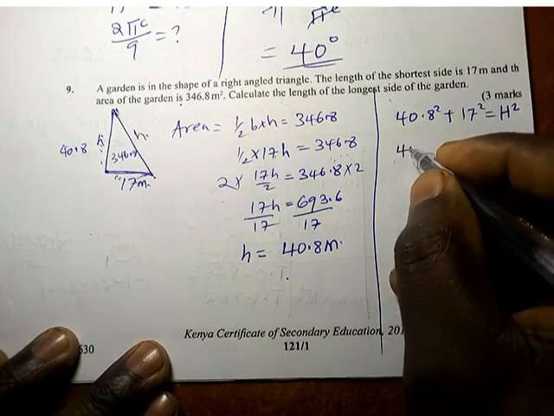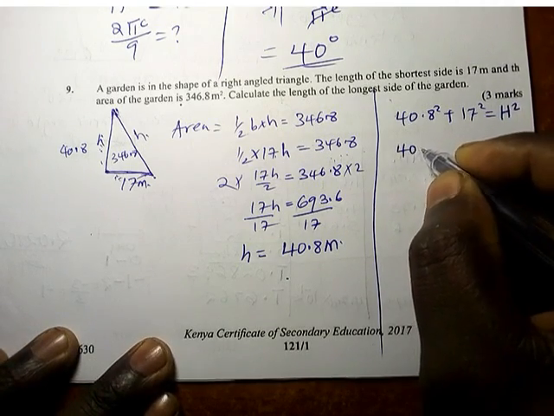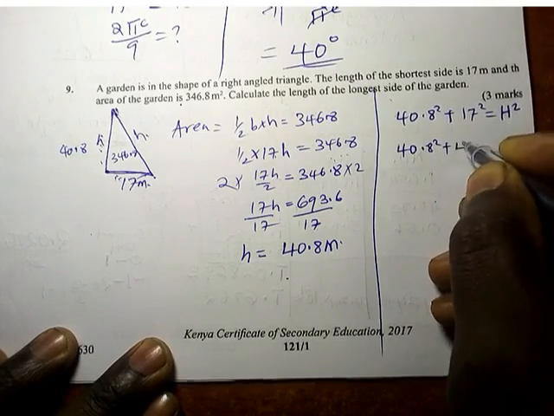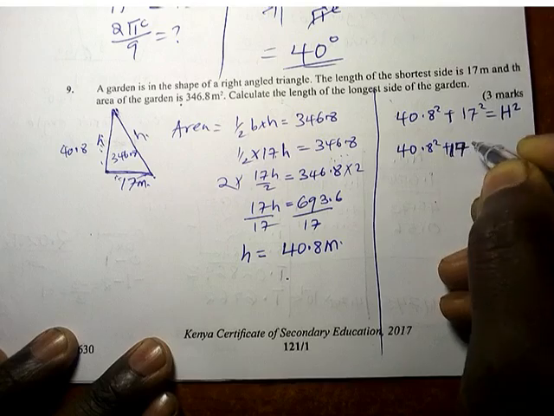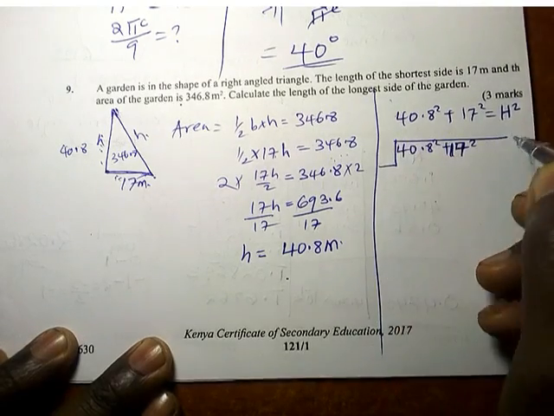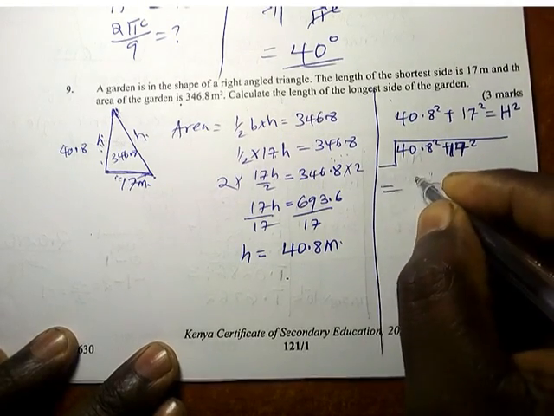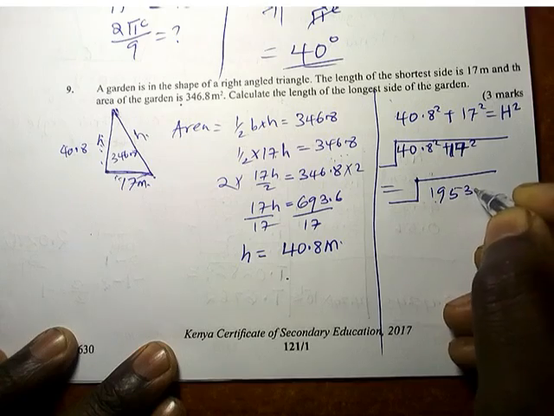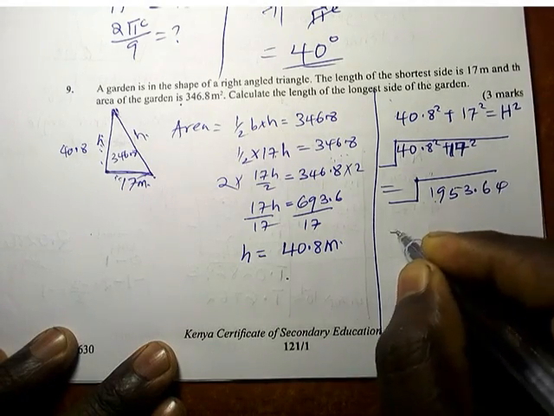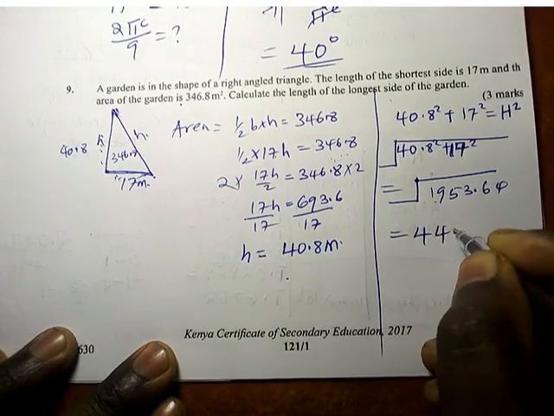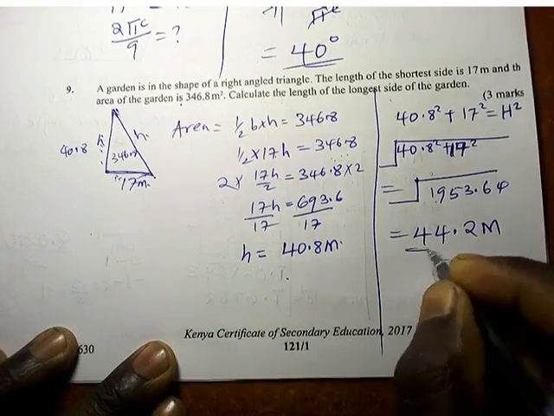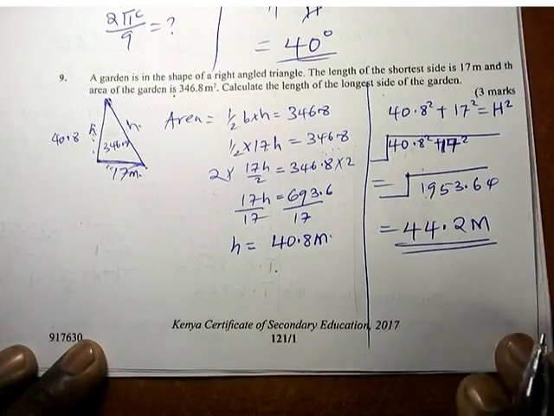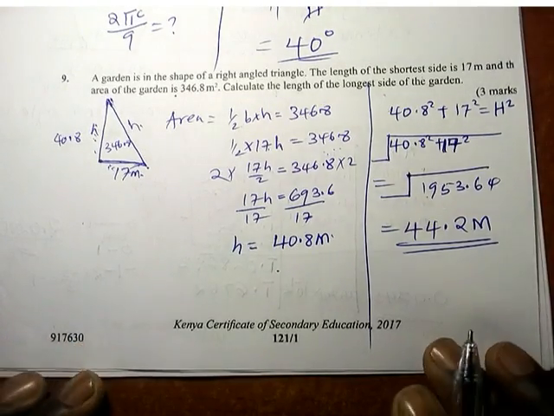So to get the hypotenuse, it is 40.8 squared plus 17 squared. Find the square root of that, and that one is the square root of 1953.64, which gives us 44.2 meters. So the hypotenuse side is 44.2.